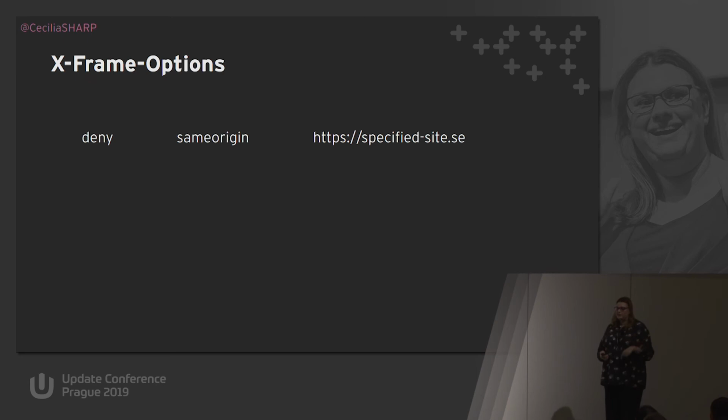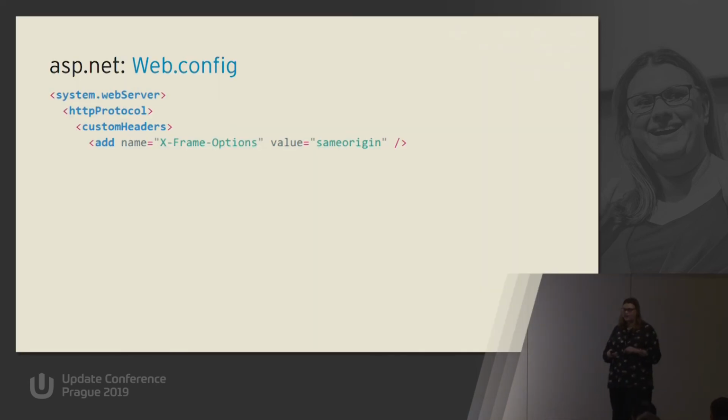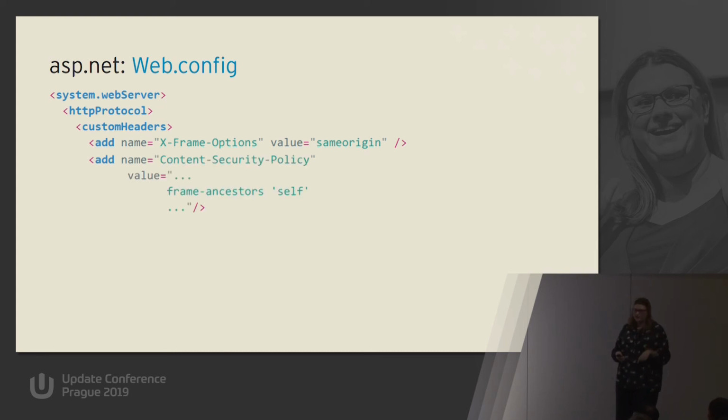To implement this, once again, we add a custom header named X-Frame-Options and the value that we want to have. And I would recommend you to also add it inside of the content security policy, and there it's named frame-ancestors. If both are present, the browser is going to use the CSP if it has implemented it.